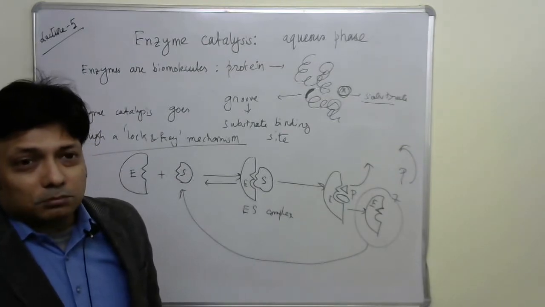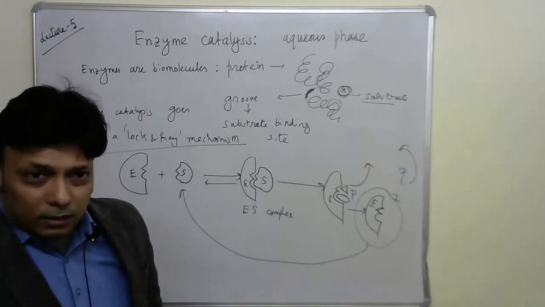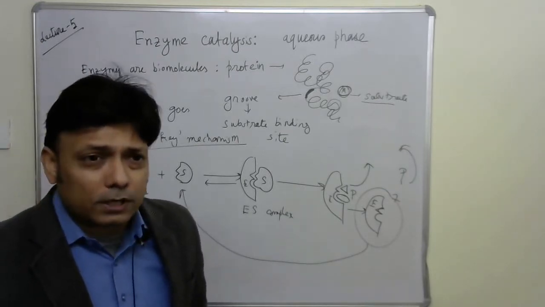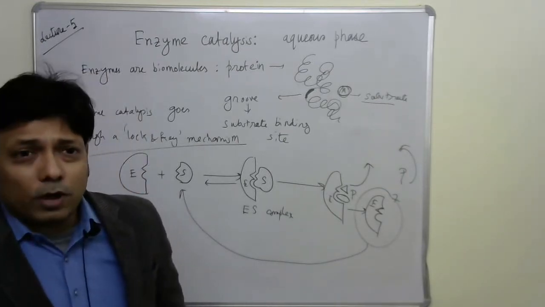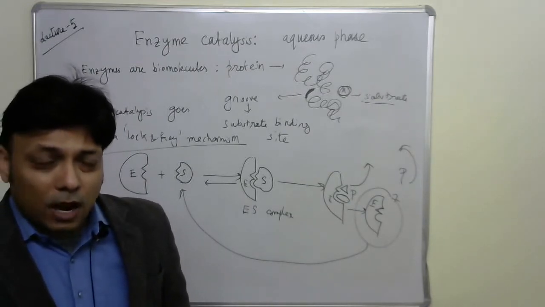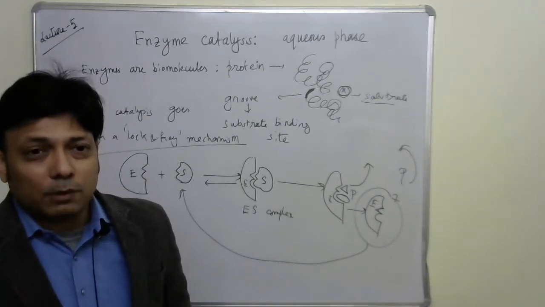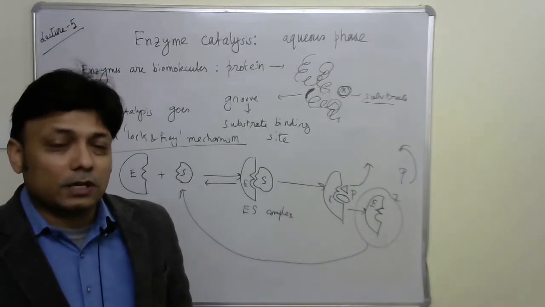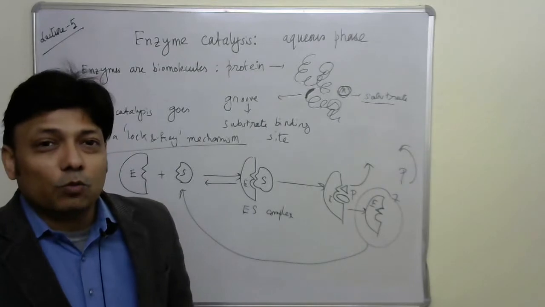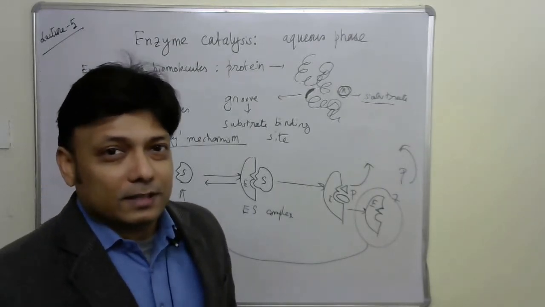So you understand that in our body we have many different types of enzymes. For example, in our saliva we have a particular enzyme, to digest carbohydrate food we need a particular enzyme, to digest protein we need a particular enzyme, and even to digest alcohol we need a particular enzyme.